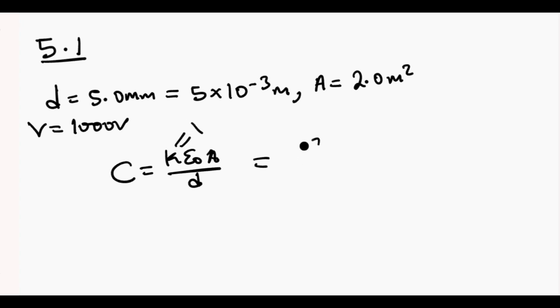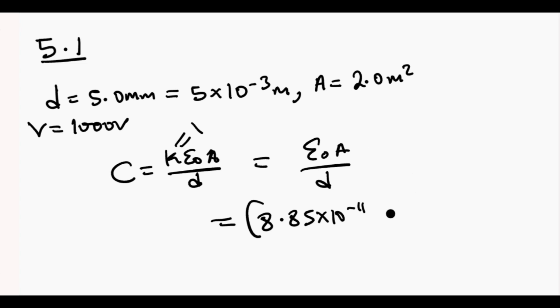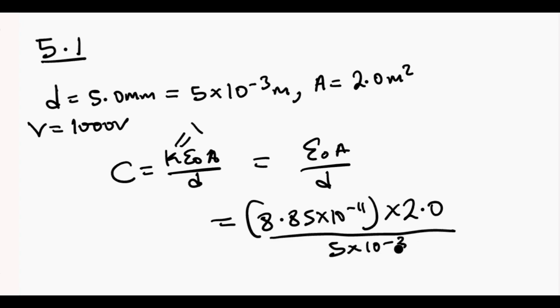So this will reduce to epsilon naught A over D. We already know our epsilon naught is given by 8.85 times 10 raised to power minus 12. Our area is 2.0 meter square, all over distance of separation, 5 times 10 raised to power minus 3. If you input this into your calculator, you're going to have a value of 3.54 times 10 raised to power minus 9 farad.